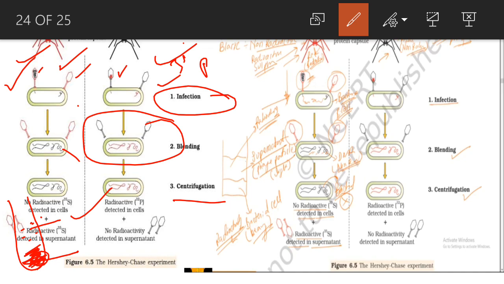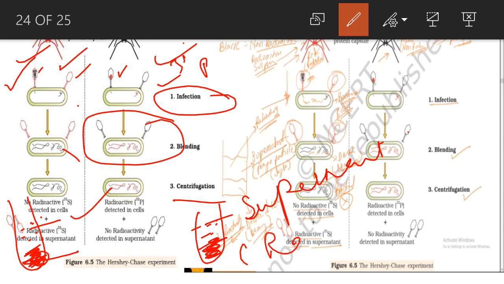Now what happens in the centrifugation? After centrifugation, you will see the bacterial part at the lower portion, and the bacteriophage part on the upper portion, that is the supernatant. So radioactivity is observed at the lower portion where there are bacterial cells.